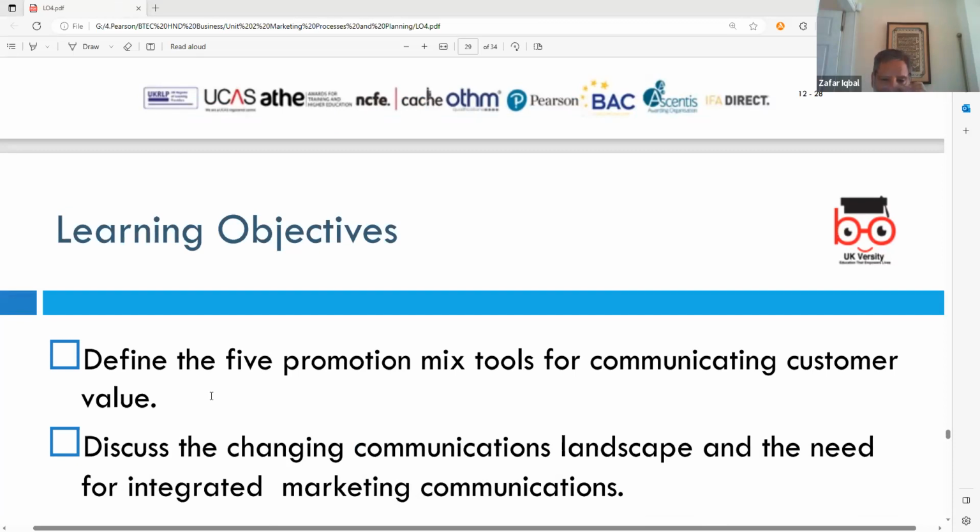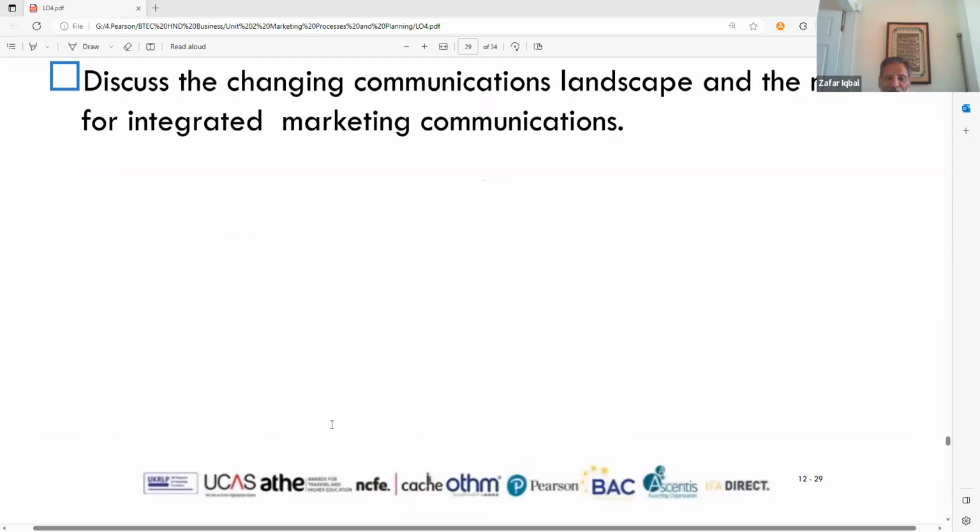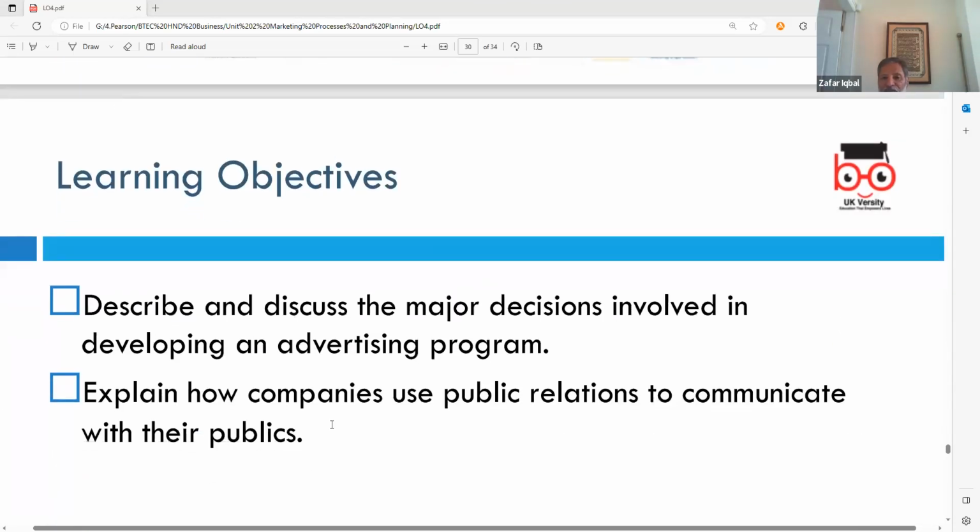Okay, so all in all, in today's lesson we looked at the promotional mix of tools used for communicating customer value, building up your communication channels, and the integrated marketing communication. We looked at the marketing mix of publicity. We looked at the different decisions involved in developing an advertising campaign, and the tools we can use for communicating our product with the public.